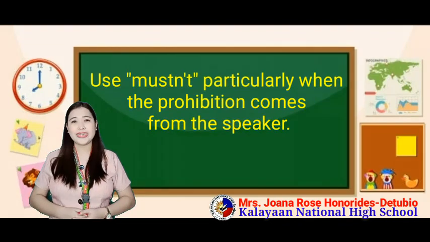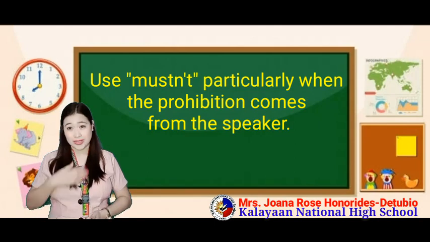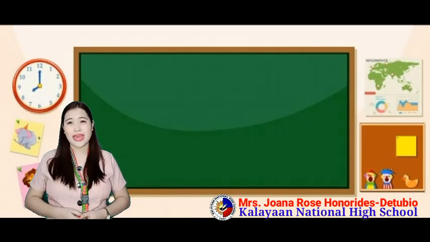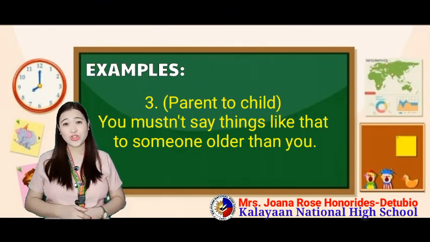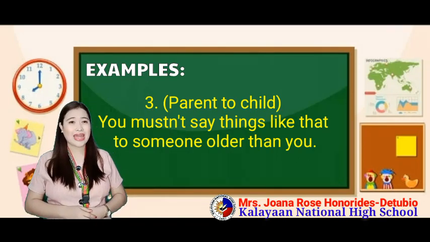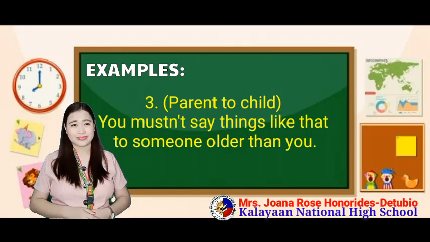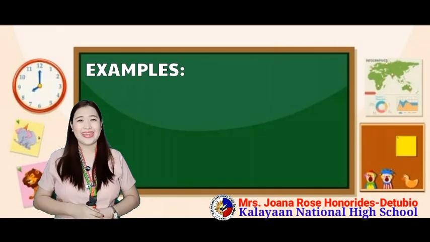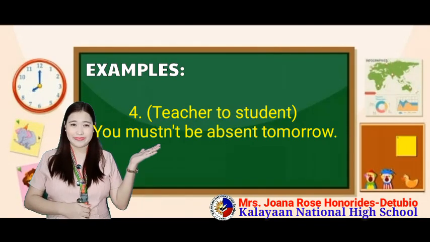Use mustn't particularly when the prohibition comes from the speaker. Example number 3, parent to child, you mustn't say things like that to someone older than you. Example number 4, you mustn't be absent tomorrow.